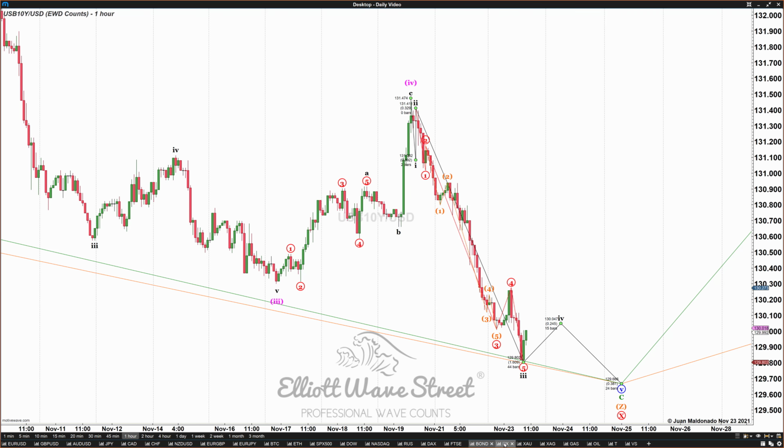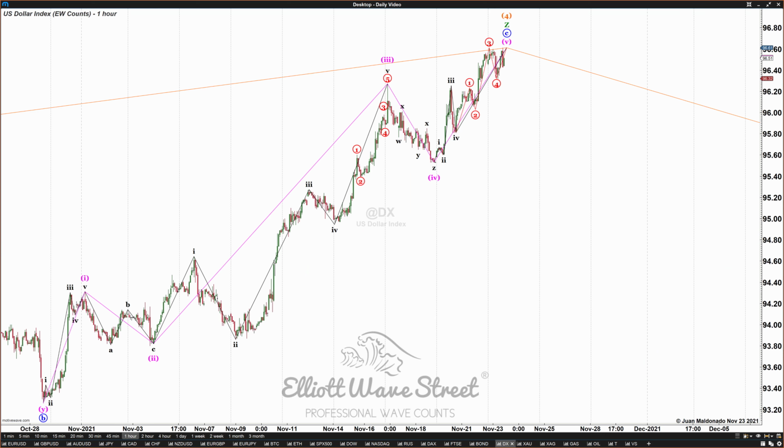What is going to happen with the dollar is that it's going to confirm this is the top of the market, right? So if that's the top of the market, then we just need to follow the reversal, and that would be a fantastic trade.